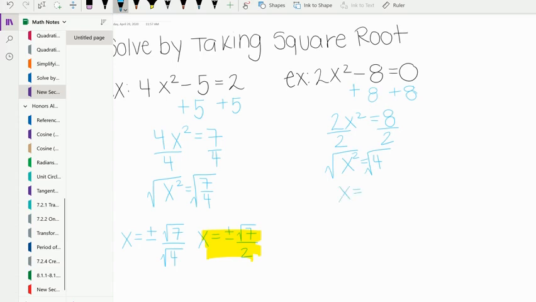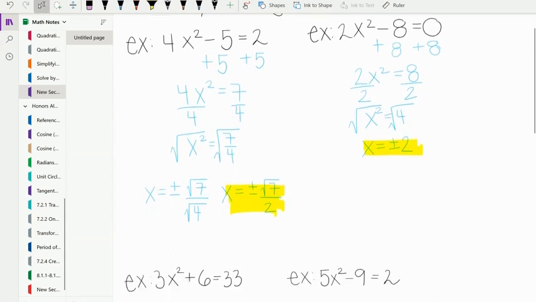So we get x equals plus or minus. Now the square root of 4 is a perfect square. So the answer is just plus or minus 2. Because 2 squared is 4 and negative 2 squared is 4. So what this means is if we were to graph this equation, the x-intercepts would be at positive 2 and negative 2 on the x-axis.